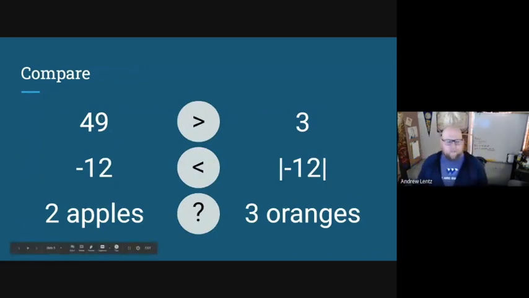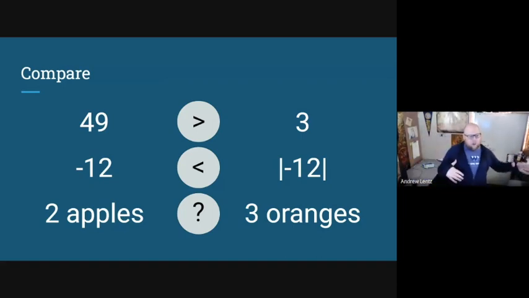So if I had 49 and 3, well, 49 is greater than 3 because it's larger, or 49 is further to the right, closer to positive infinity. We talked about all this last week. Same thing comparing negative 12 to the absolute value of negative 12, we're comparing negative 12 to positive 12. Well, negative 12 is less than positive 12 because negative 12 is on the left.